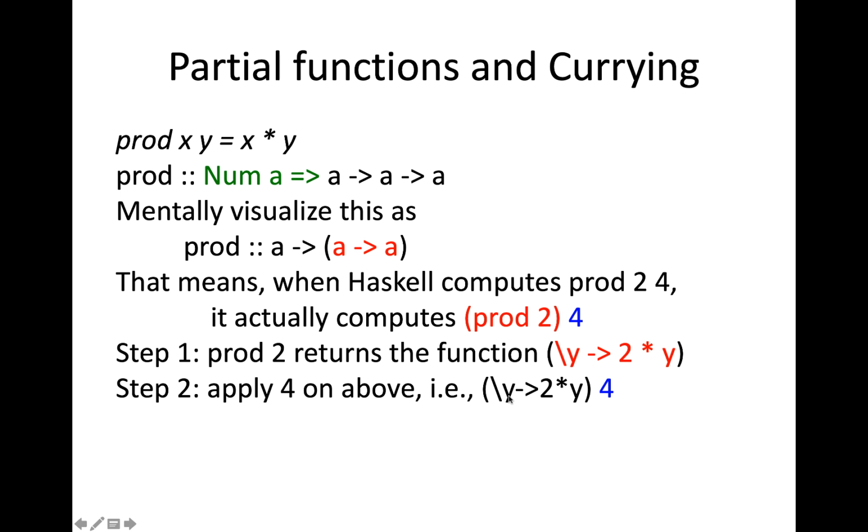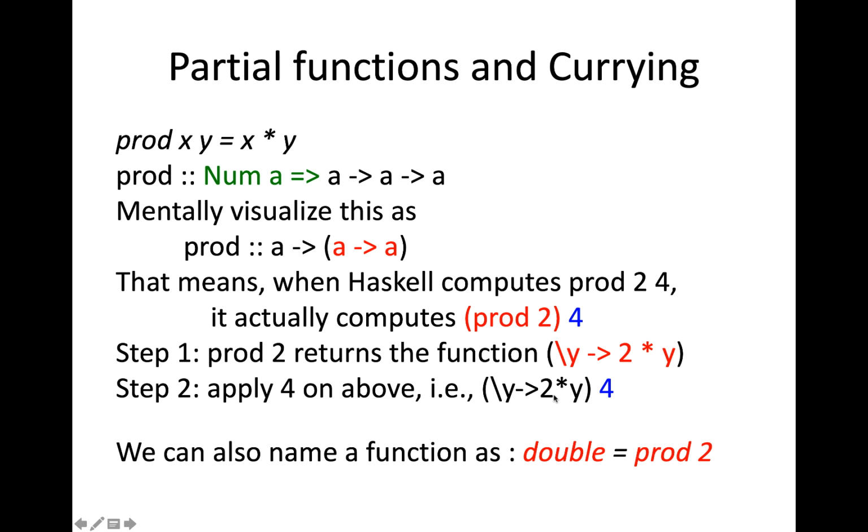So 4 will take the place of y, and then you will get the product 2 multiplied with 4, 8, right? In other words, you can also think of this prod 2 as, you can name this prod 2 as function double.